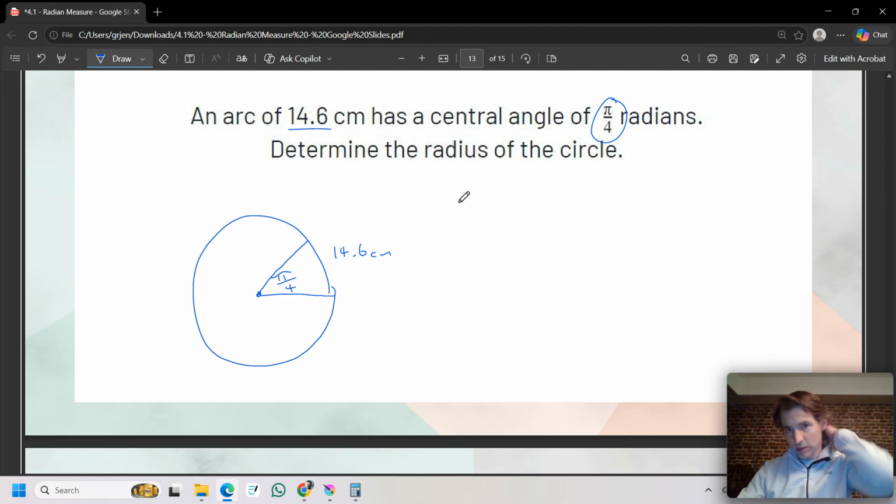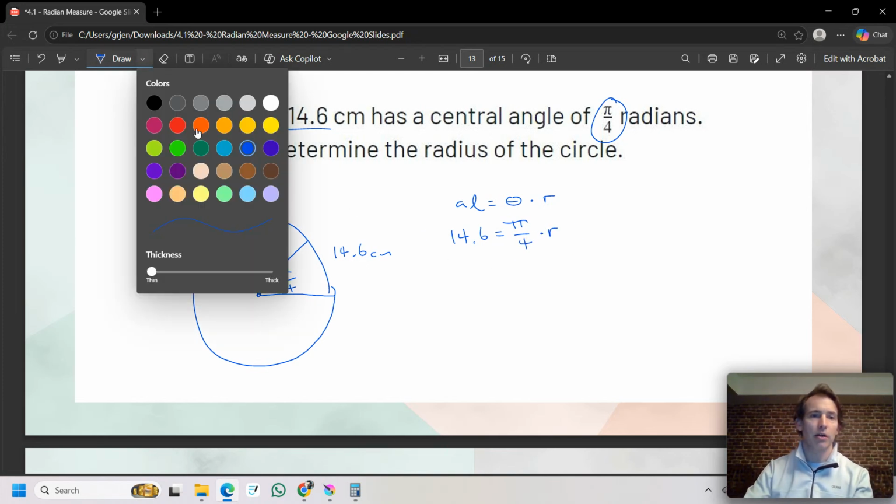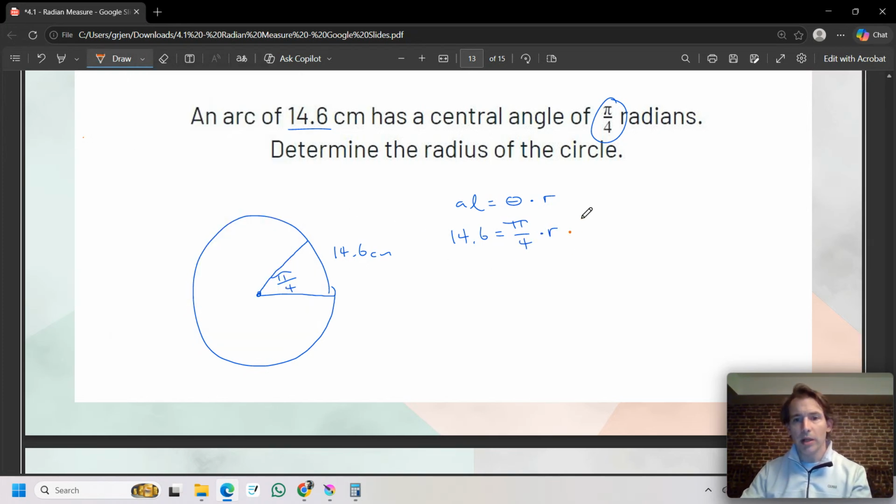Okay, so the arc length is equal to the angle multiplied by the radius. We know the arc length is 14.6, and that's equal to pi on 4 times the radius. Well, what do we do here, folks? We go ahead and multiply by 4 on pi on both sides. Why wouldn't I divide by pi on 4, you might be asking, because we're clearly multiplying by pi on 4.